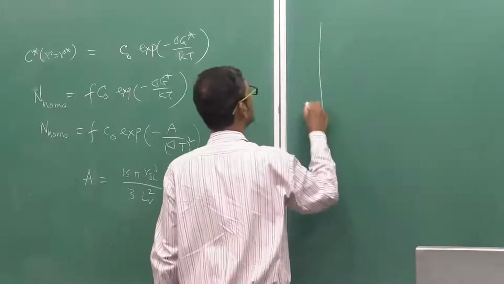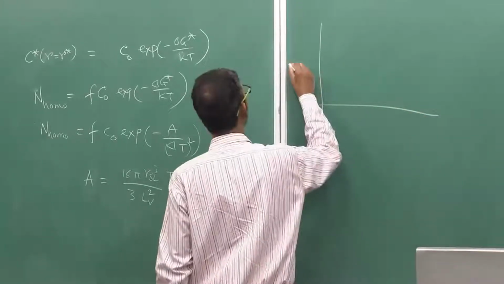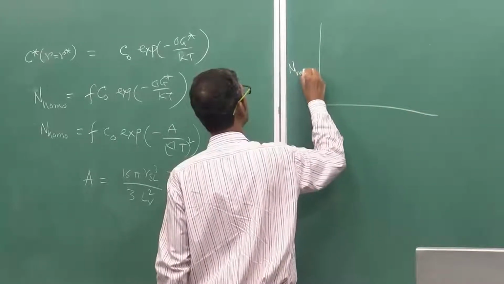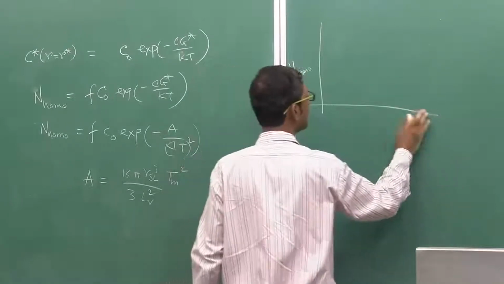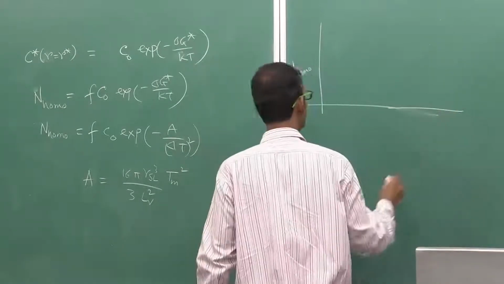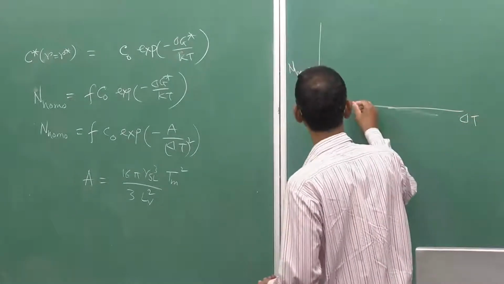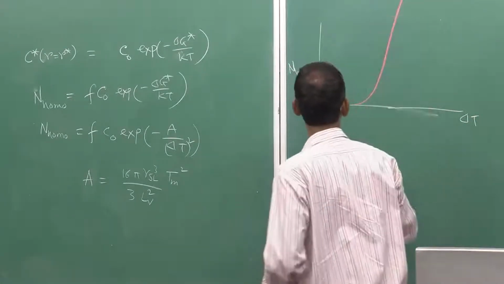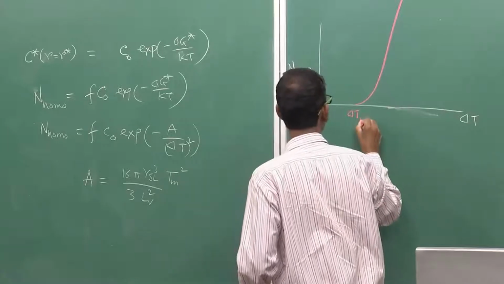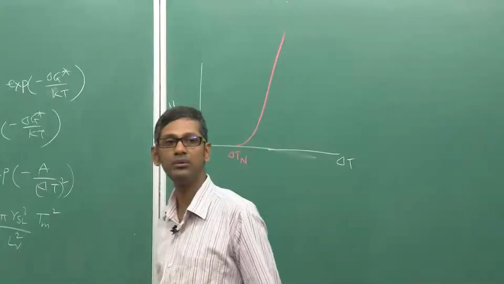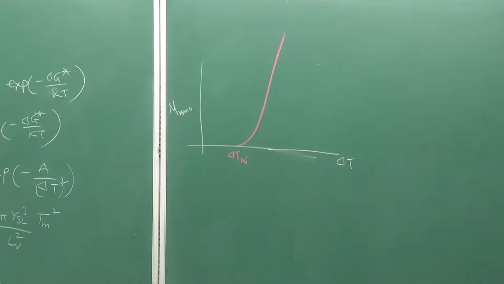If I plot N homogeneous versus delta T, there will be no nucleation below a certain value, and above this value there will be an explosion of nucleation. Why?